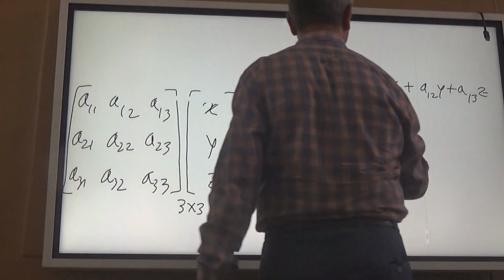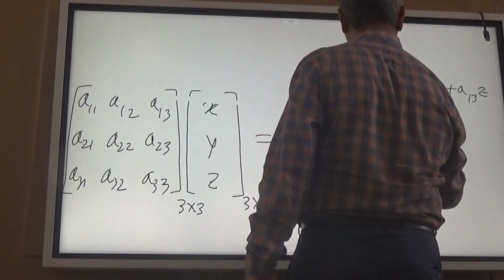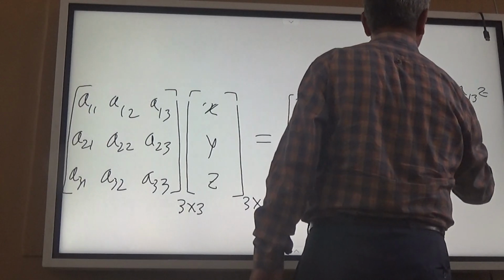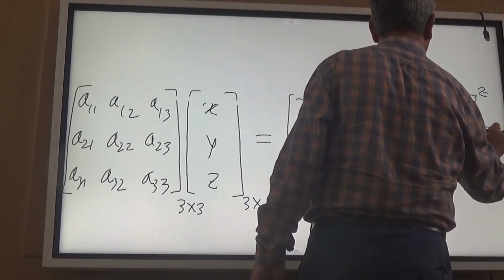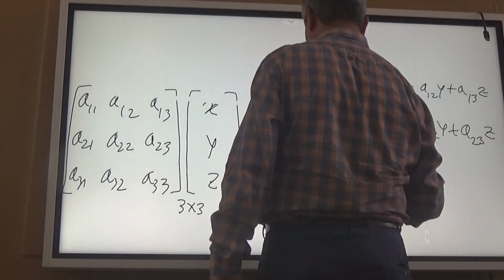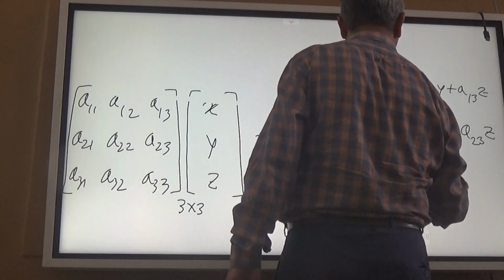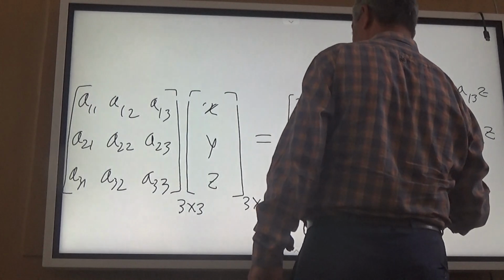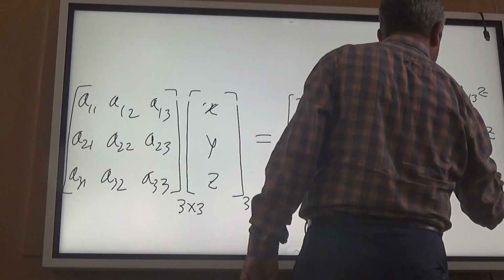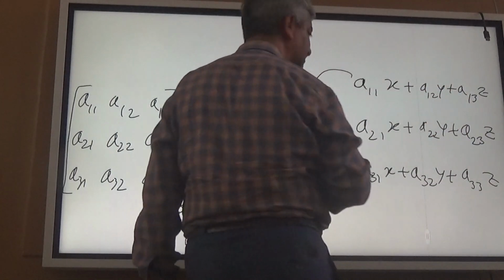Similarly, a21x plus a22y plus a23z should be lambda y, and a31x plus a32y plus a33z should be lambda z.